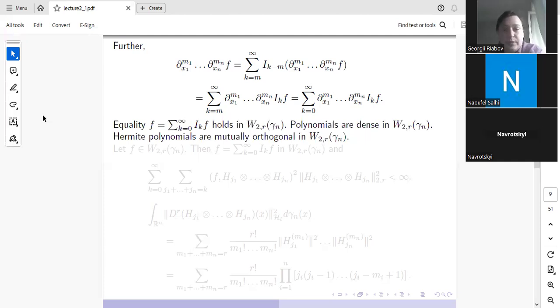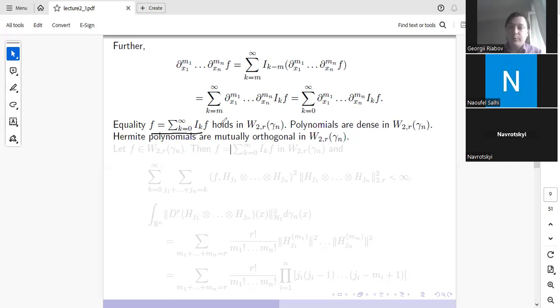This means that this expansion holds in the Sobolev space. In particular, polynomials are dense. And also note that Hermite polynomials are orthogonal in the Sobolev space.